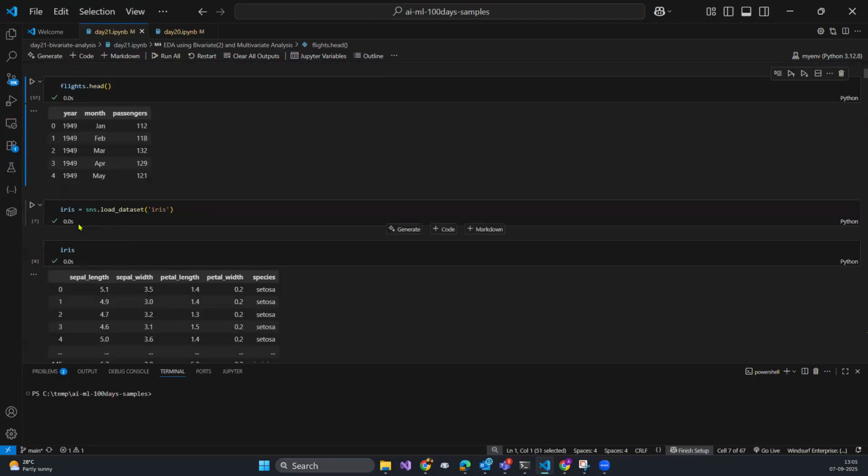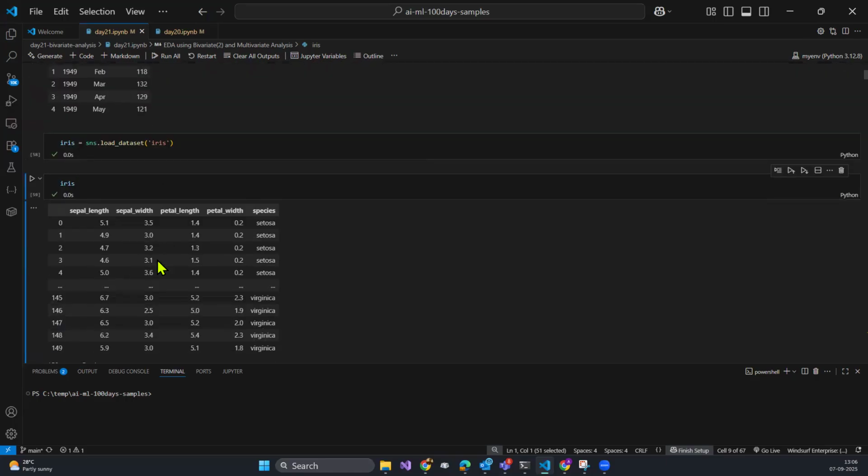This is also one of the most popular data sets. All these data sets from the seaborn library we can find. This iris data set tells about all the species, and it's a very common data set.